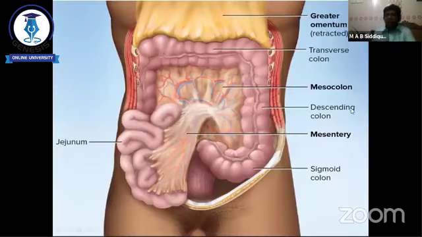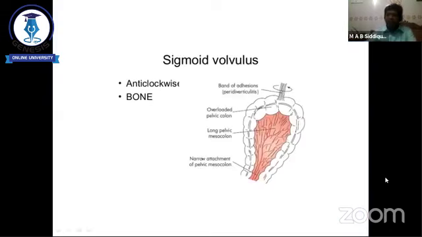In another picture, this is the mobile part of the intestine that moves around, and this is the small intestine. But in the large intestine, the sigmoid colon is the mobile part of the large gut. In this mobile part, there are some predisposing factors.